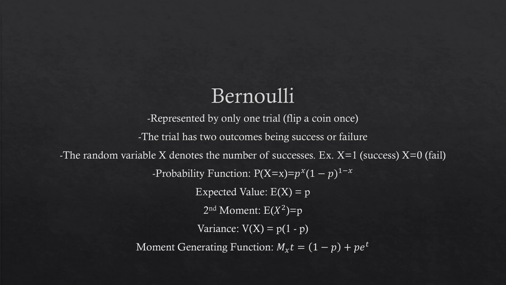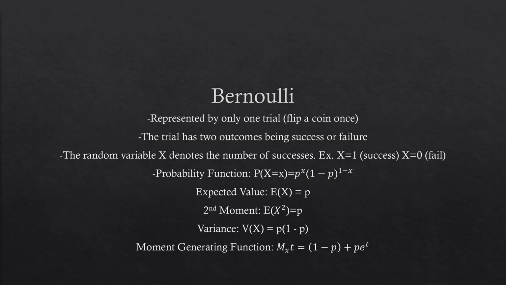So the random variable x will show the number of successes. If x is 1, that means the success occurred, and if x is equal to 0, that means the fail occurred. So the probability function, which means the formula that you'd put your values into if you're looking to find the probability, is p to the power of x, p being your probability.